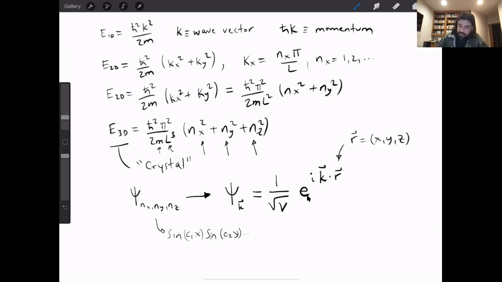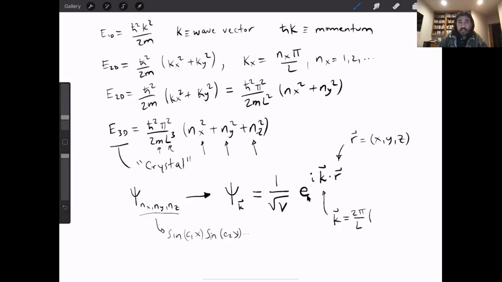And what that tells us is that the wave vector can also be given by, now, I'm already using n's over here, right?